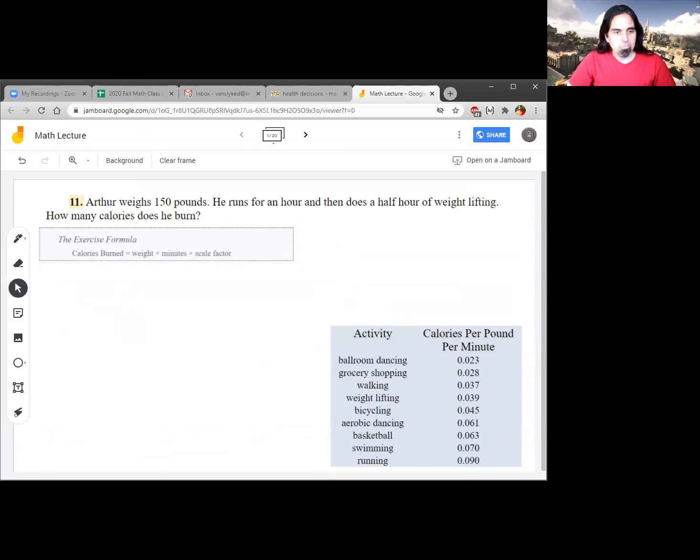Okay, onward. So we're starting with, actually, let me color code things better. Runs for an hour.